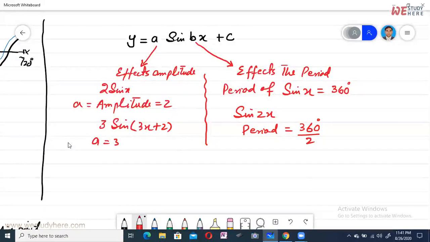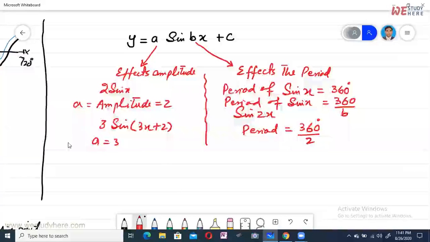And the period of sine x is 360, then period of sine bx will be 360 divided by b. If any constant is multiplying with the angle, we have to divide the period of sine x by that constant. Okay, in this way we can find the period.